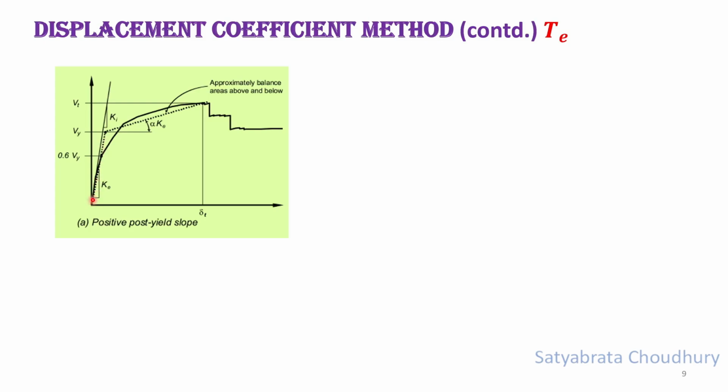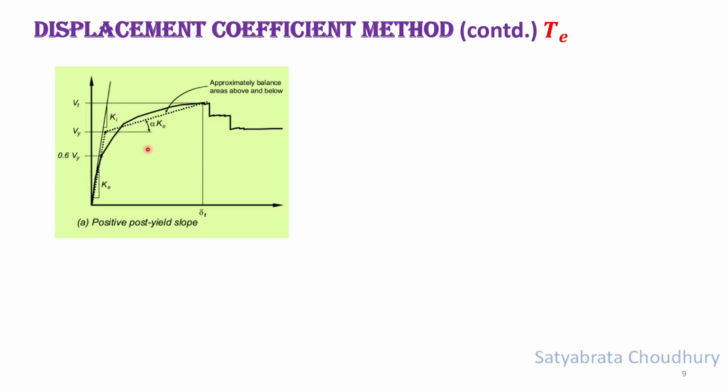The gradient of the initial tangent to the capacity curve is Ki, which is the stiffness, and the gradient of the dotted line which gives you the yield point is the effective stiffness Ke.